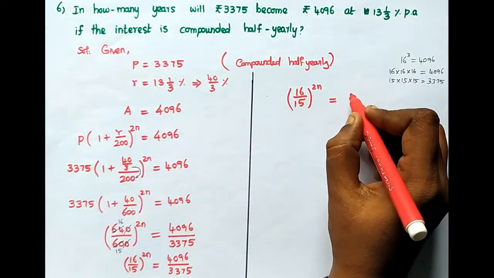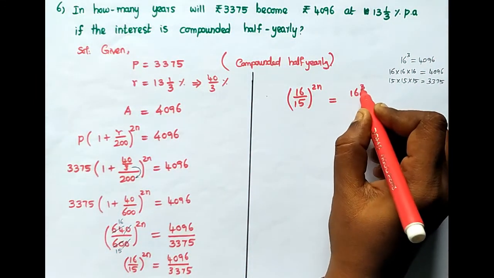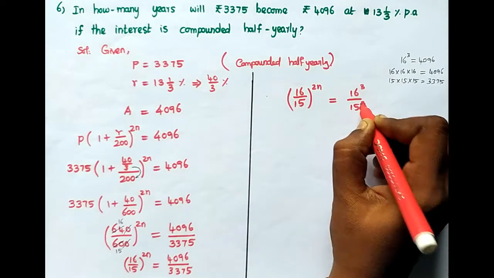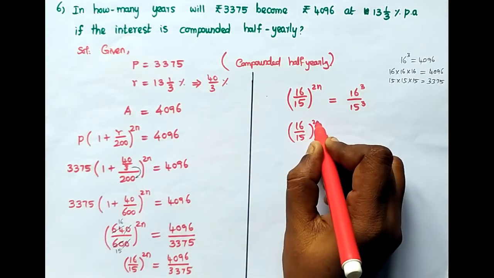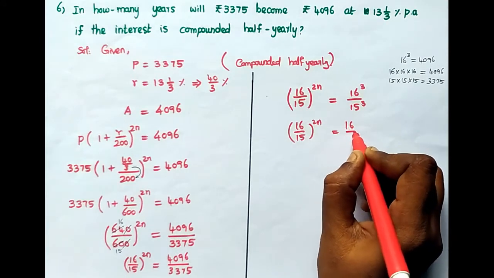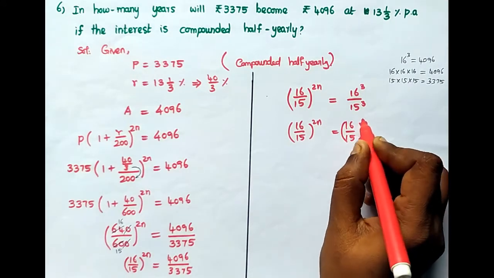So 16 power 3 divided by 15 power 3. We can write that 16 divided by 15 whole to the power 3.